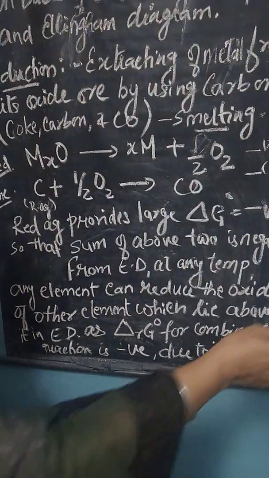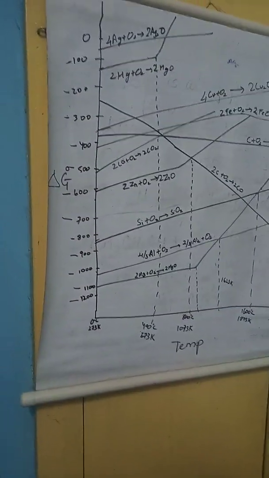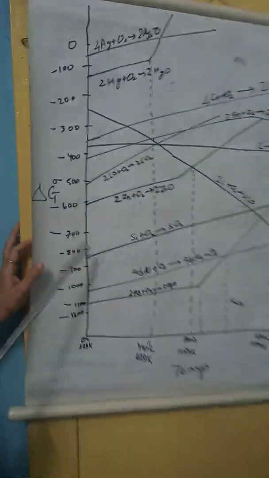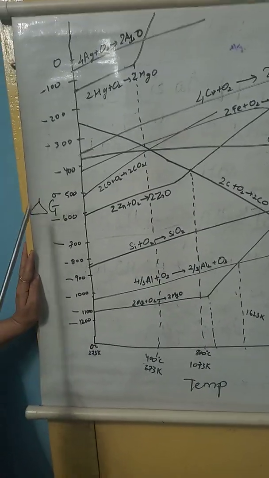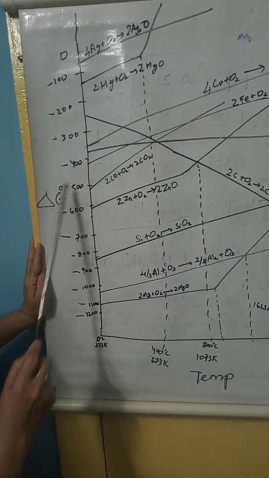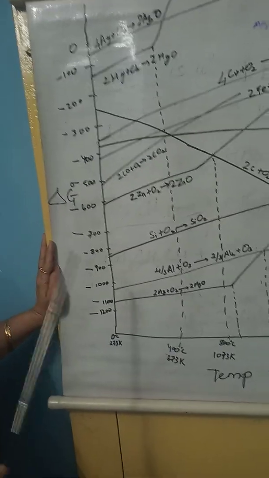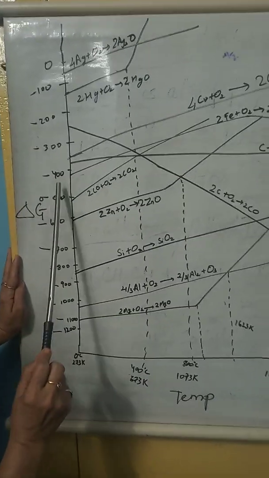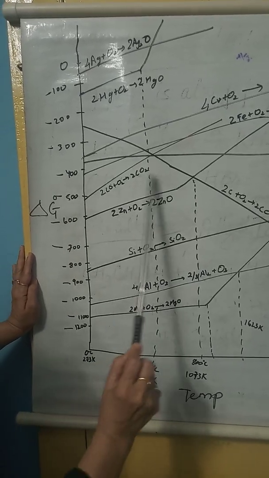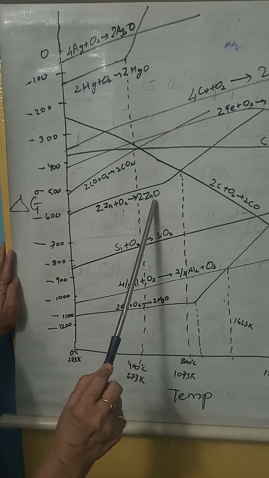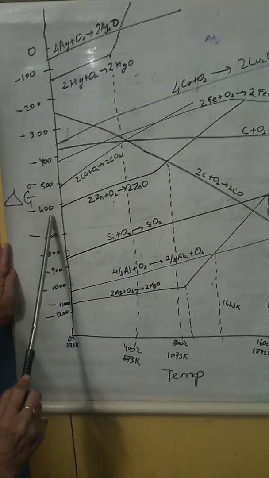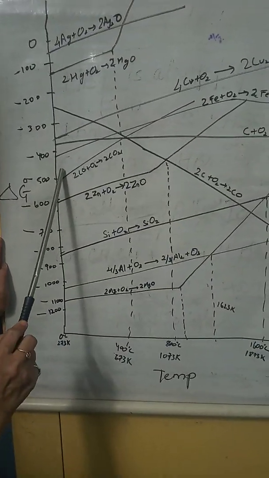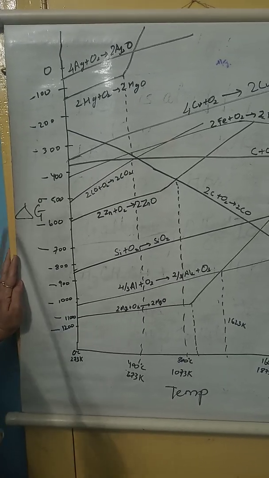Now, with the help of this Ellingham diagram, I am going to explain how this Ellingham diagram helps in reduction. See children, here this side is delta G having the negative value. You will come across one point: all these metals are reacting with oxygen and metal oxides are forming, but those metal oxides which have more negative value can reduce the other which has less negative value.